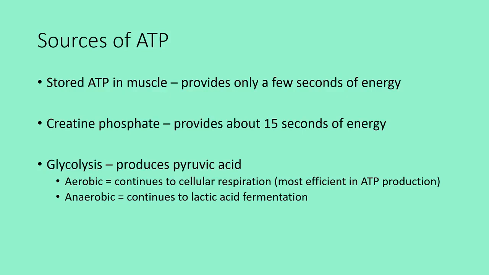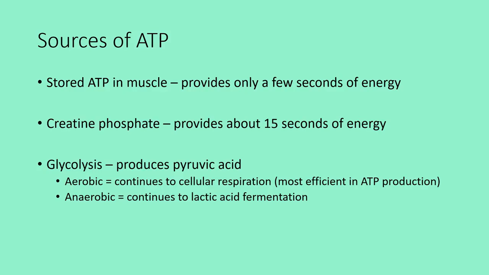But if I were to start running, initially, first couple of seconds, I'm going to use up that stored ATP. About the next 15 seconds, I'm going to take the creatine phosphate, convert that to use for ATP, but that's only going to get me about another 15 seconds. So any glucose that I have has got to be converted to pyruvic acid.